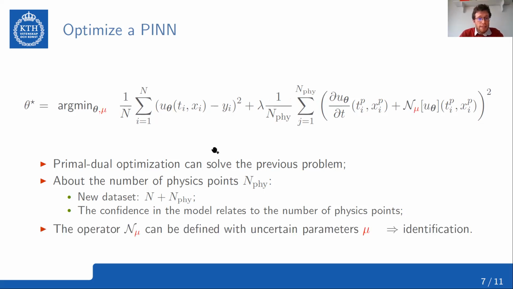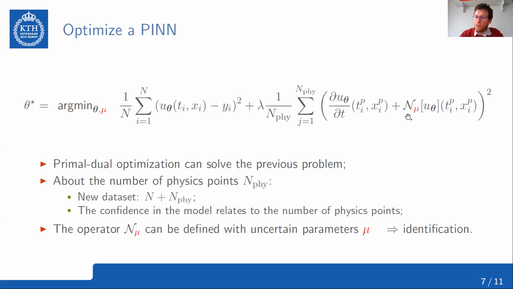Something else that is interesting is that you can say that the operator N is actually not well defined. Maybe there are some uncertain parameters inside. So you know how the model should behave, but maybe you do not know it that well. And that means that you have some extra parameters in it. And you want to solve now the optimization, minimizing this sum, but with mu being a parameter.